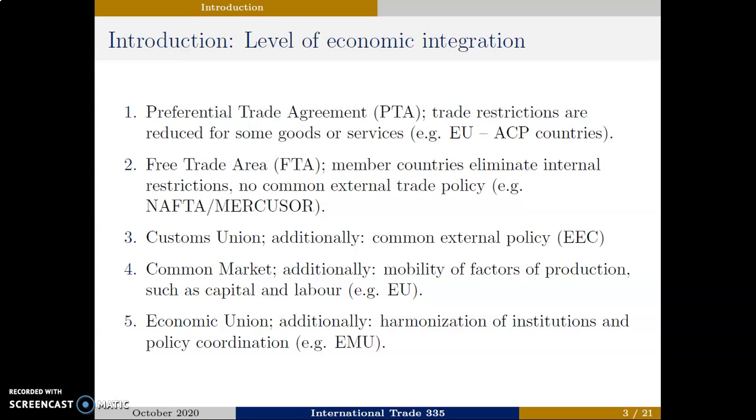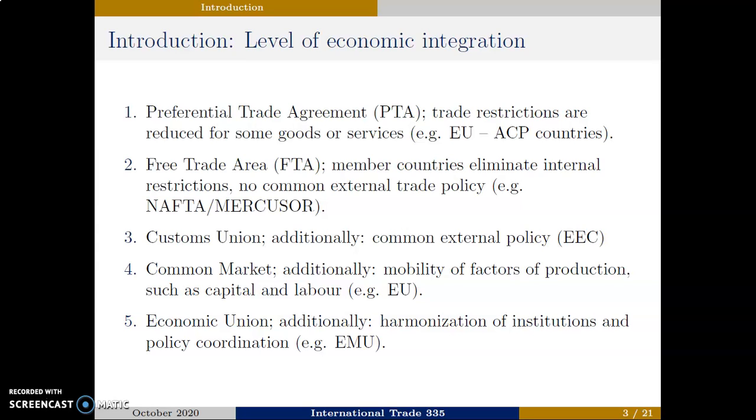The third level of economic integration for a country is to join a customs union. At this level, countries not only have free trade between them, but also have a common external policy with other countries. An example of this is the EEC, the European Economic Community, the predecessor to the EU, and SACU, the South African Customs Union.